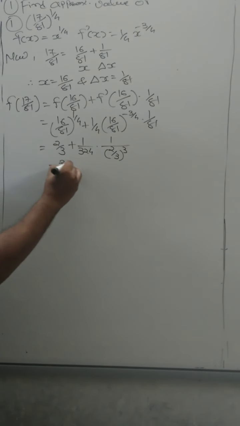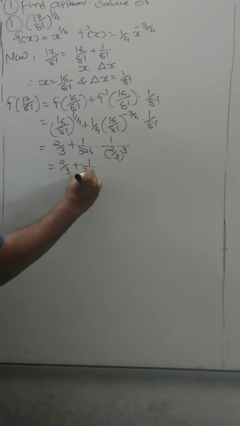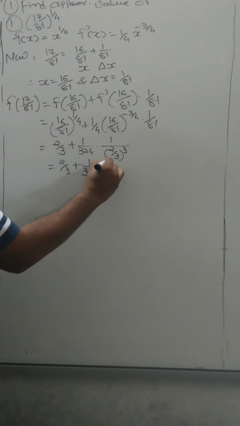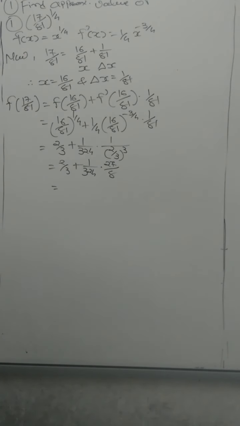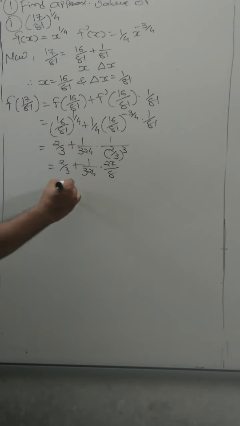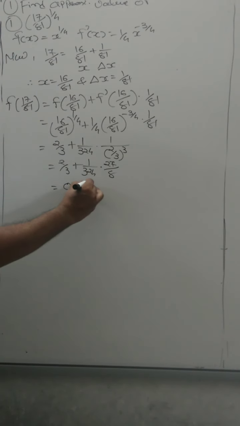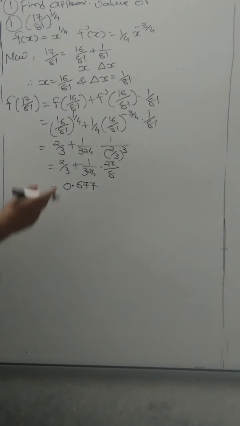It is 2/3 + (1/324)(27/8). Now we just simplify it and we get our answer, 0.677. So this is our approximate value of the given function (17/81)^(1/4).